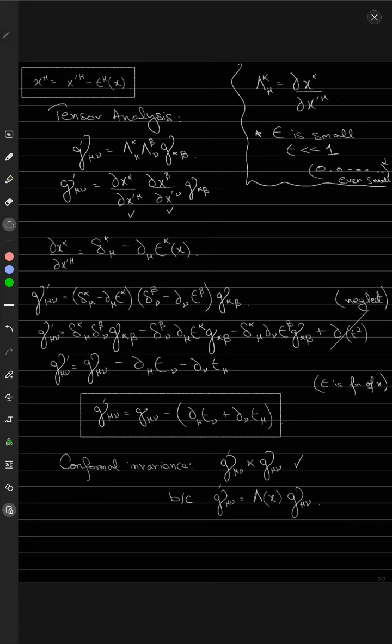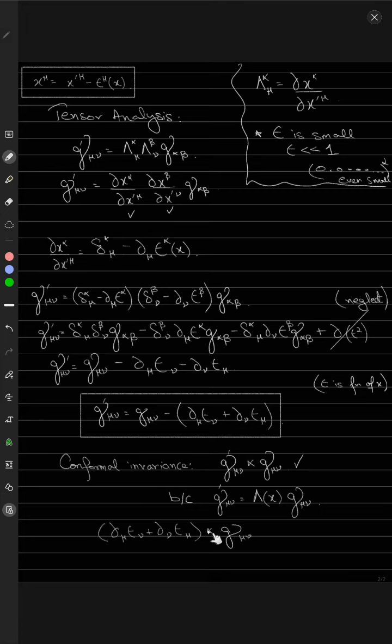So I think we can write it over here. So this is g mu nu. So this is the term that I'm looking at. This term, partial mu epsilon nu plus partial nu epsilon mu, has to be proportional to the metric tensor g mu nu.